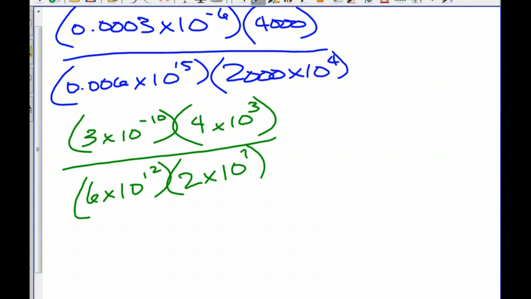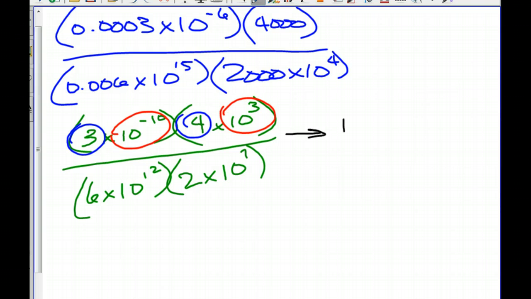You don't have a calculator. You just multiply the 3 and the 4. We're going to multiply these numbers, and then we're going to multiply these numbers. Multiply or add? We're going to multiply, which means you add the exponents.